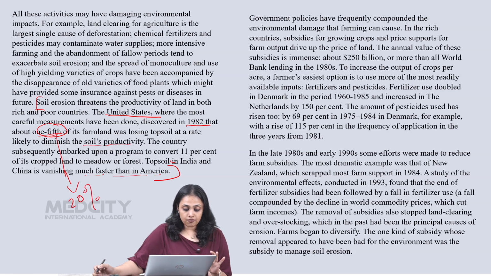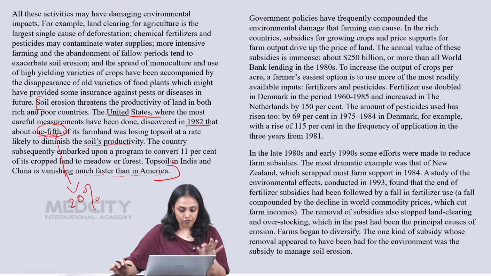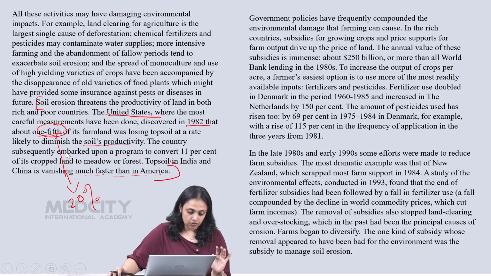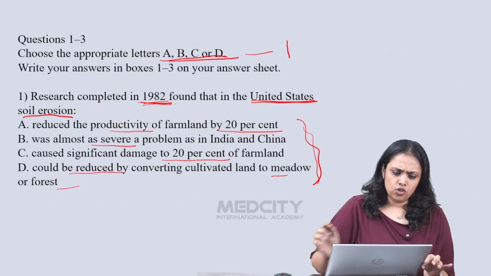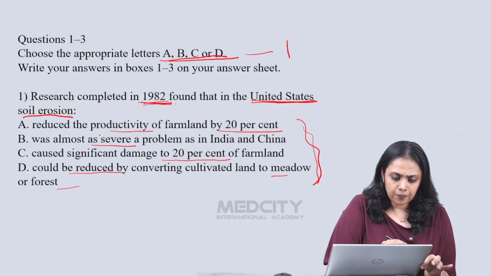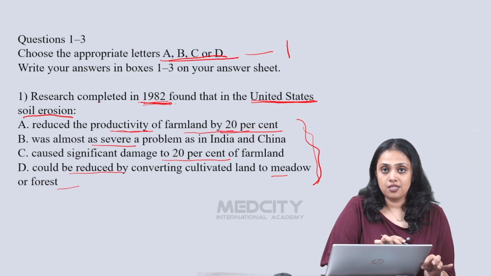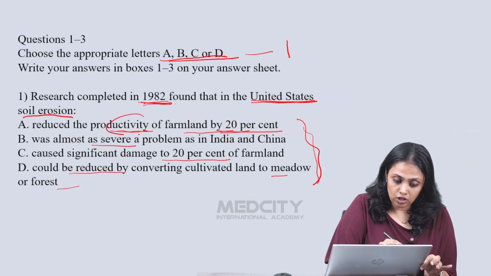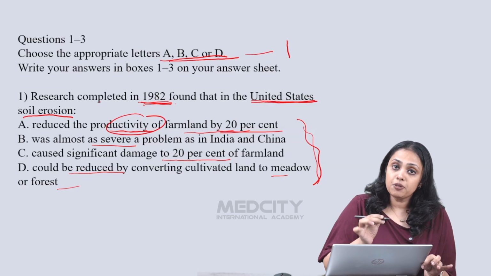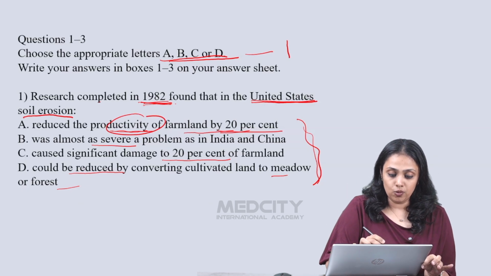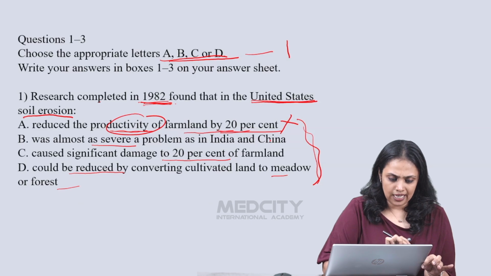About 20% of its farmland was losing topsoil at a rate likely to diminish the soil's productivity. So this part says that 20% of the farmland was losing its productivity because of soil erosion. But option A talks about reducing the productivity of farmland by 20%. Productivity was not lost by 20%, but 20% of the farmland's productivity was lost. So this option we can eliminate.